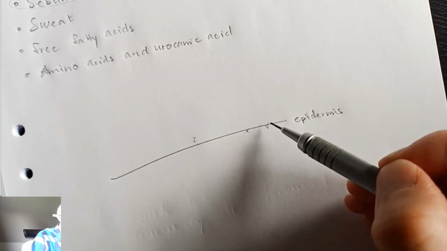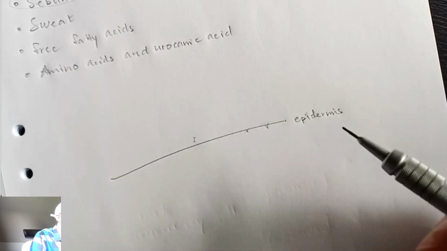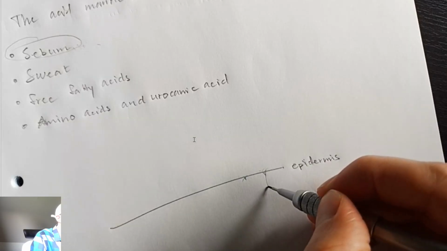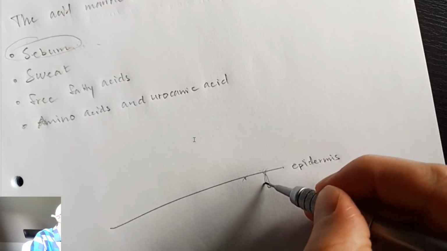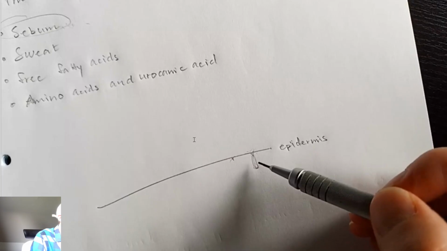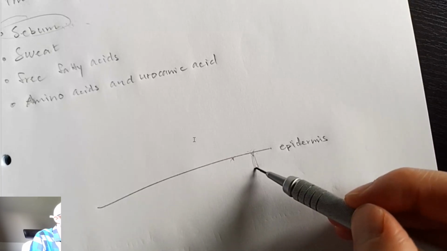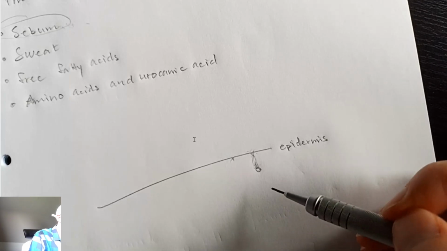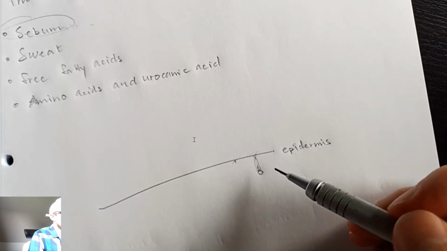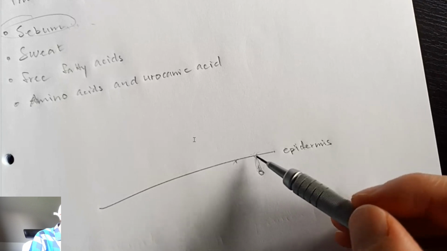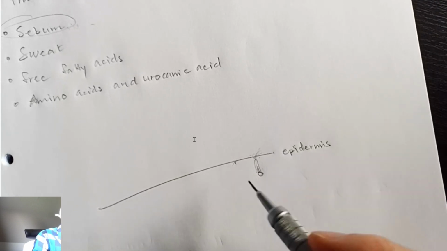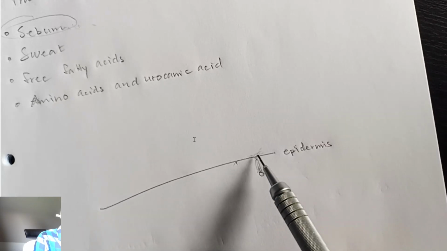These pores can release sebum because, as I talked about in another video, you have these sebaceous glands at the bottom of the pores. Not all pores, but many of them. They produce sebum, and sebum comes up out of the pores.